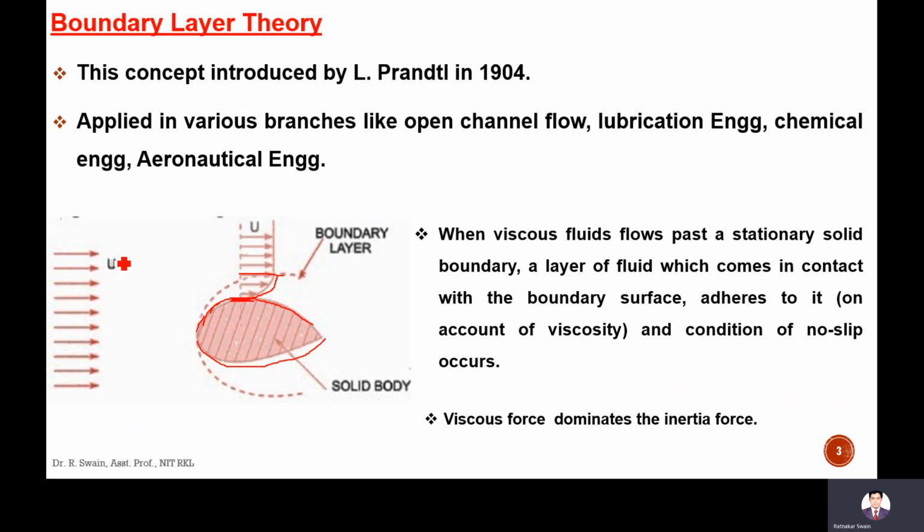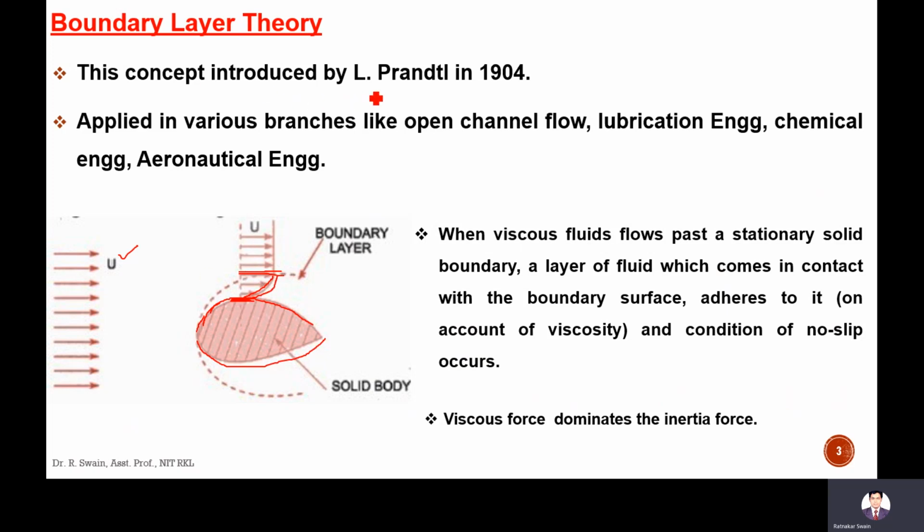Initially it is flowing at velocity u, but at this layer there will be reduction of velocity, or retardation of the flow. So this layer, on which there will be impact of the boundary surface, is called the boundary layer.